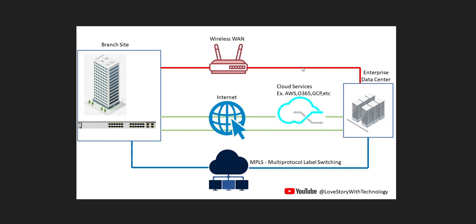You can use the wireless WAN, which is directly connected to your enterprise data center and branch site as well. So it helps us with every type of connectivity, and without any interruption you can access everything securely.